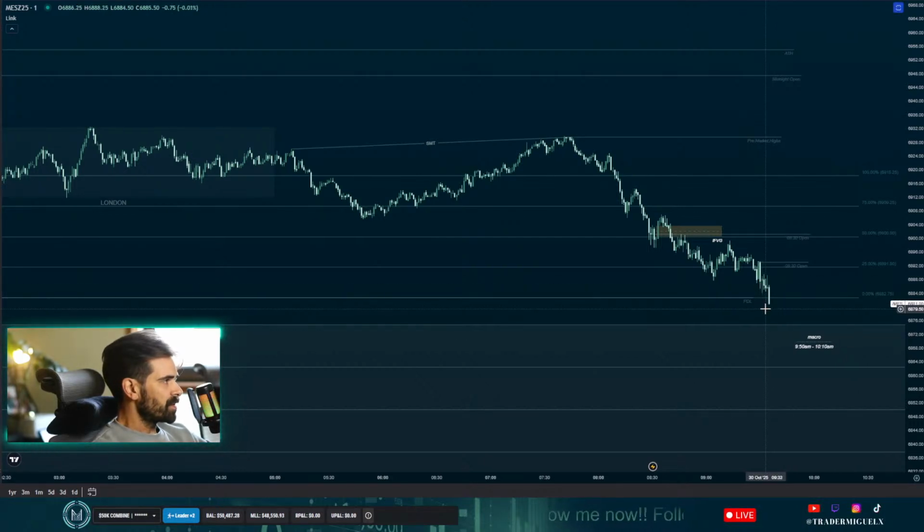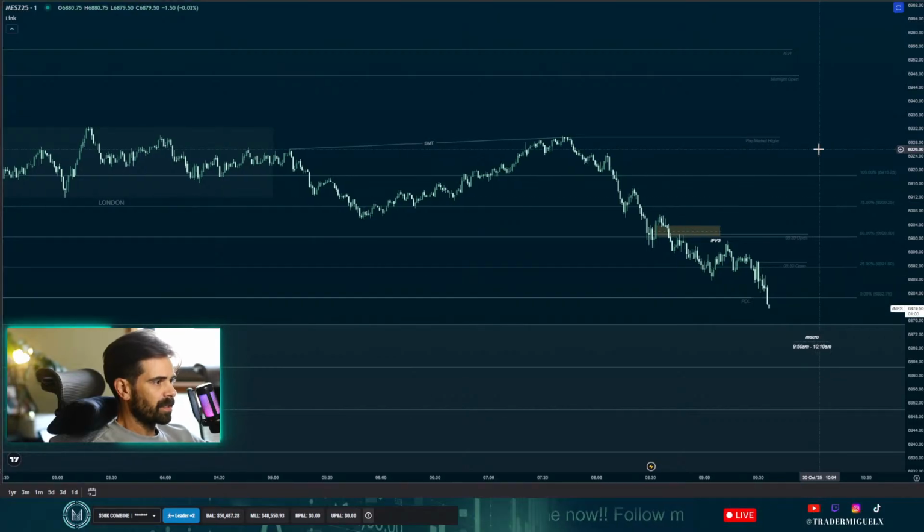So price has taken previous day low. The low hanging fruit is taken here on ES, and it seems like NQ is taking it as well.